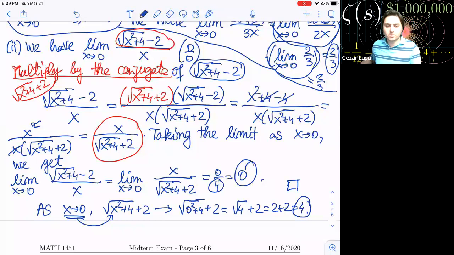Yes, exactly. The square root is a whole function. So it's everything inside the square root. I didn't have something like the square root of x squared plus 4 here. So it was, you see, inside, right? So that's why.